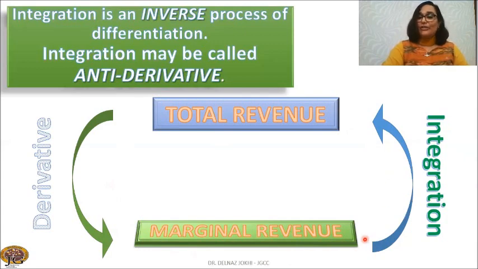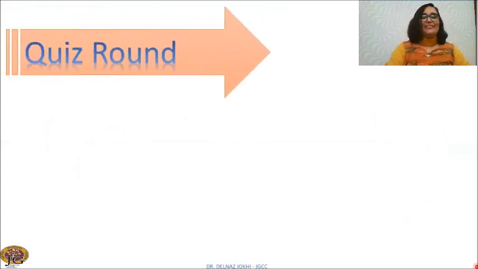So when marginal revenue is given, integrate, what do you get? You will get your total revenue. That is why I think I justify, and आपको थोड़ा सा समझ में आ गया होगा कि that is why it is the inverse process, and integration may also be known as antiderivative.